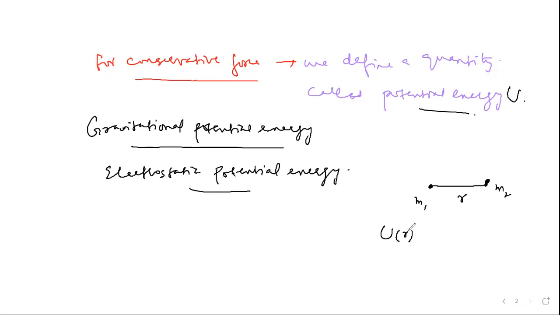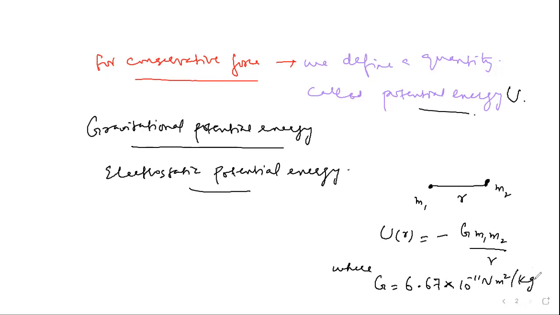The expression for that is minus G m1 m2 by r, where r is the distance between the masses, and G is the gravitational constant with value 6.67 times 10 raised to the power minus 11 Newton meter square per kilogram square.